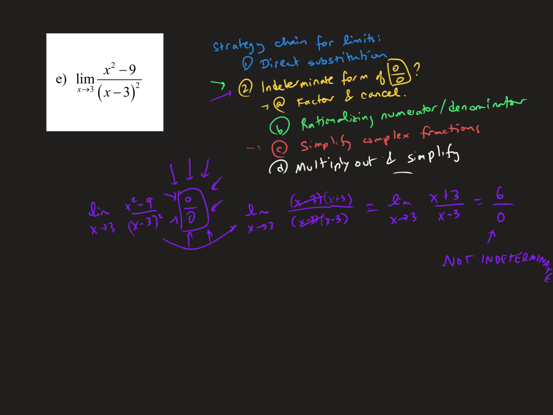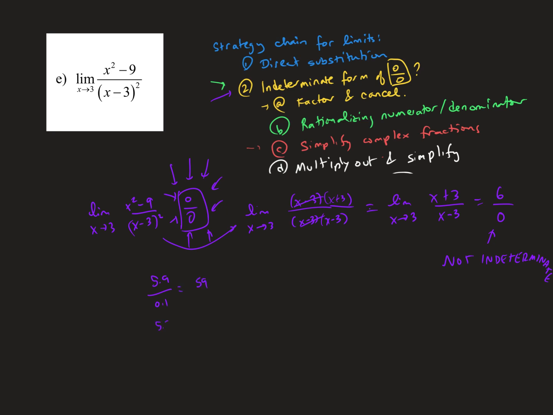The reason for that is if I think about numbers that are getting really, really close to 6 over numbers that are getting really, really close to 0, if I were to do like 5.9 over, say, 0.1, if I were to pop that in my calculator, that would give me 59.